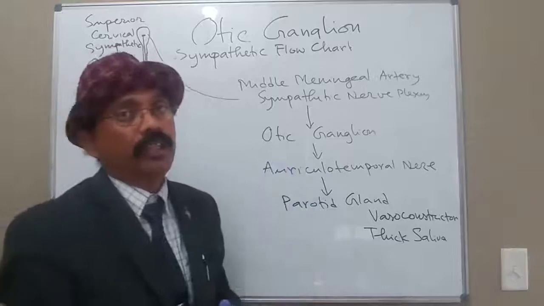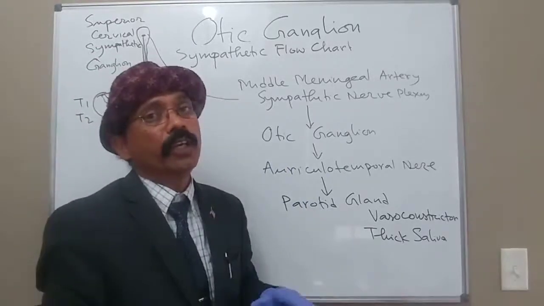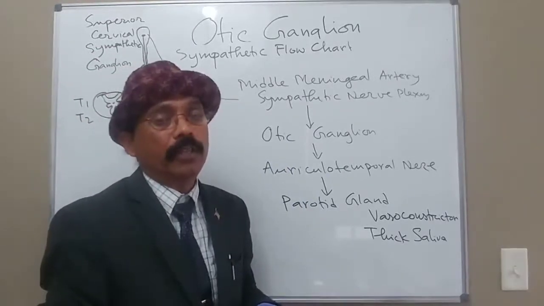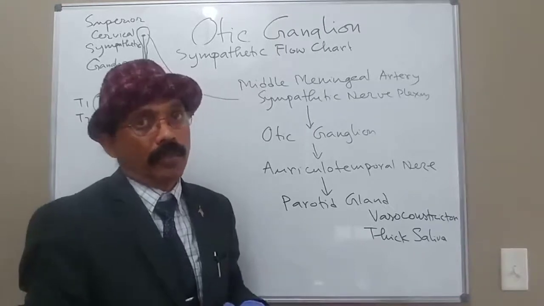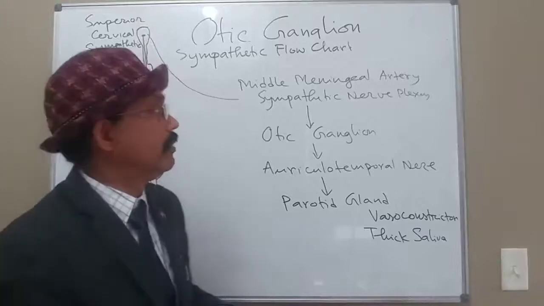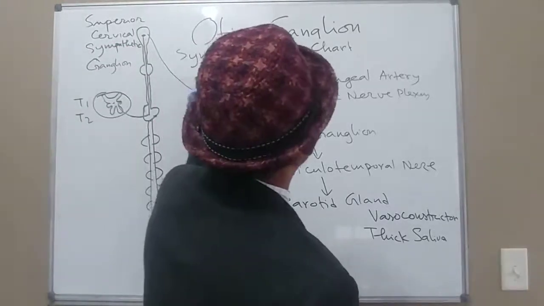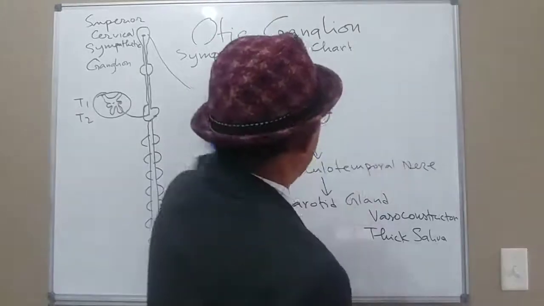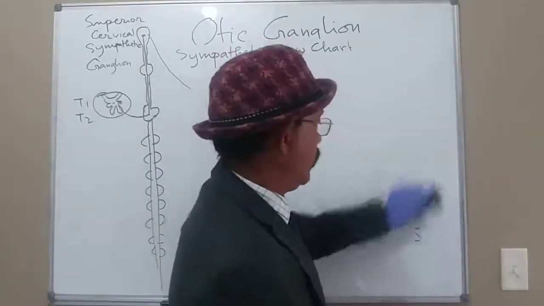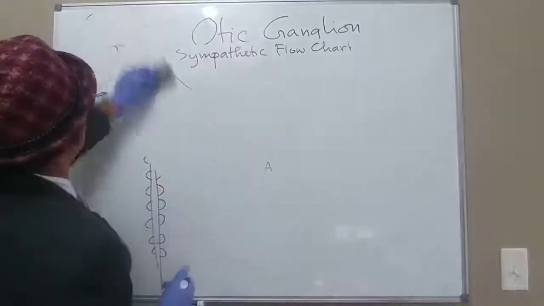And parasympathetic, that is secretomotor, will stimulate the acinar cells of the parotid gland to secrete much amount of the salivary secretion through the parotid ducts. Okay, we got that, the sympathetic flow chart, and sympathetic and parasympathetic.